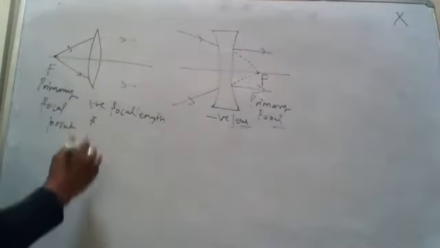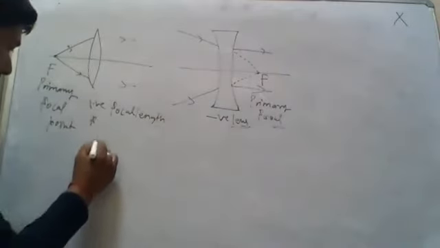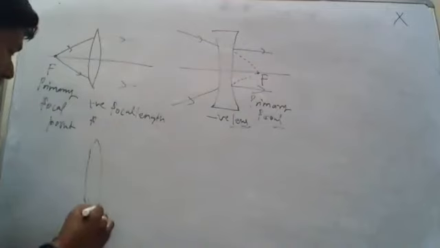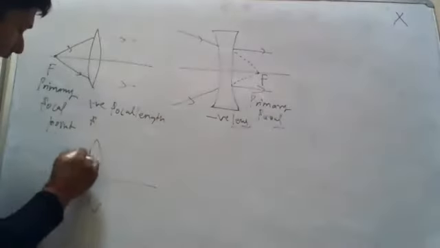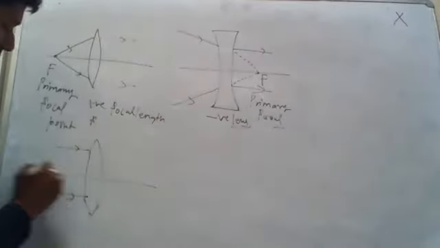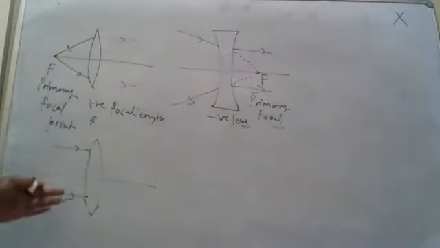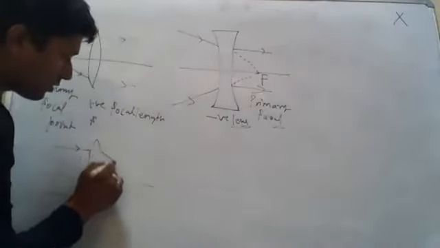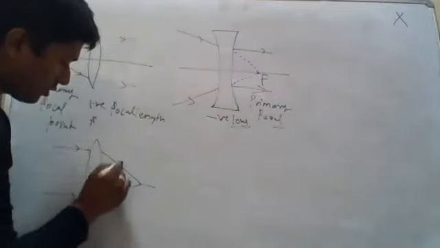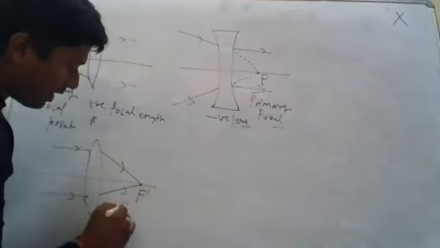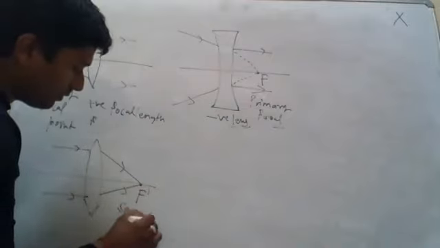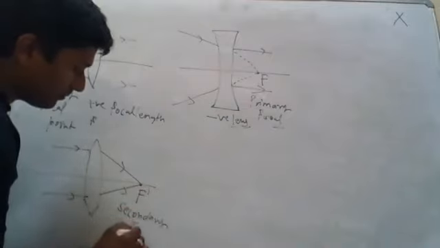For example, in this case, suppose this is the principal axis and light is going parallel to this. So after the deflection, this parallel light is going to meet at a point, and that point is known as F prime or the secondary focal point.